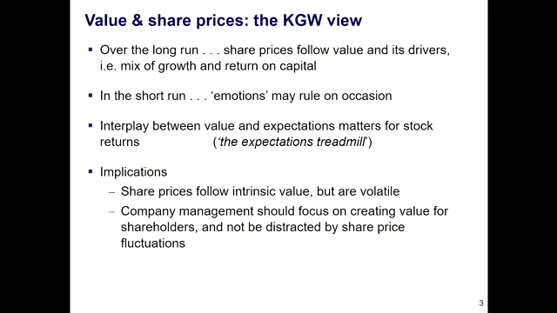So for our assignment, our focus is on the value, the fundamental drivers of the company: the cash flow, what determines the cash flow, and what determines the discount rate. That's our gauge of value.